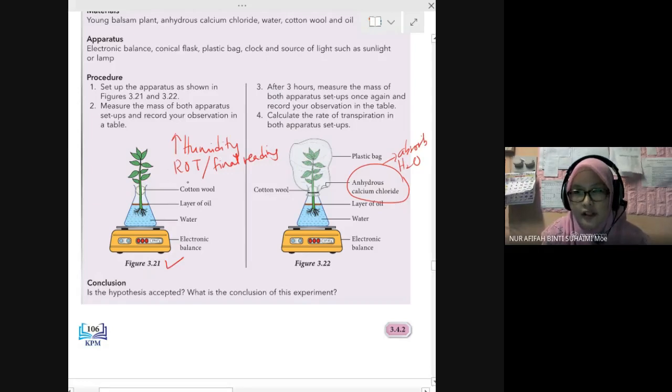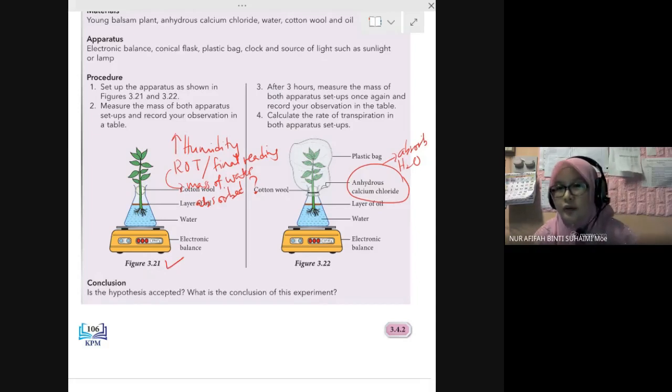Rate of transpiration refers to the mass of water absorbed by the plant.